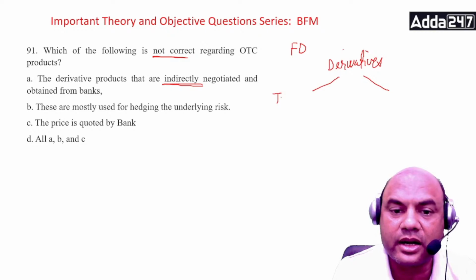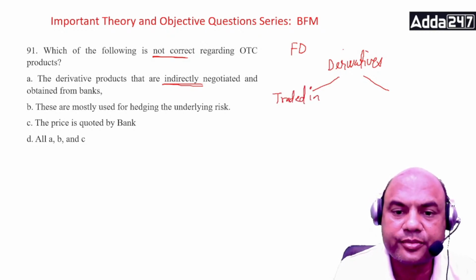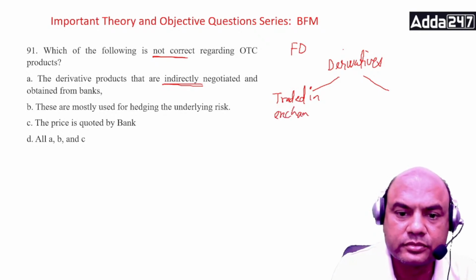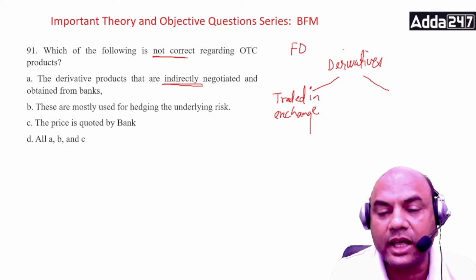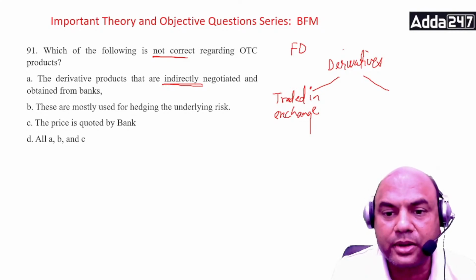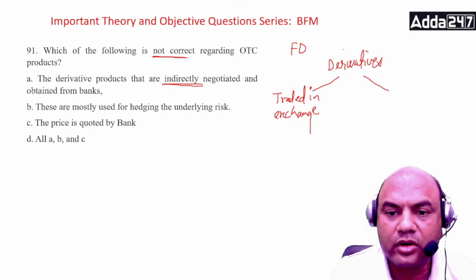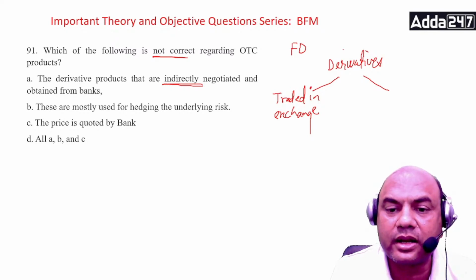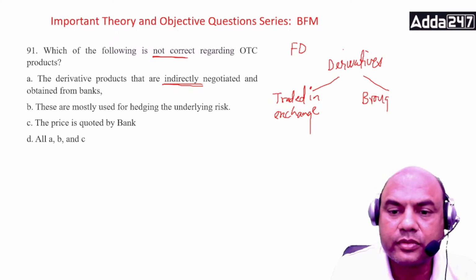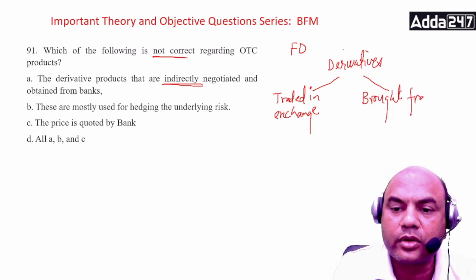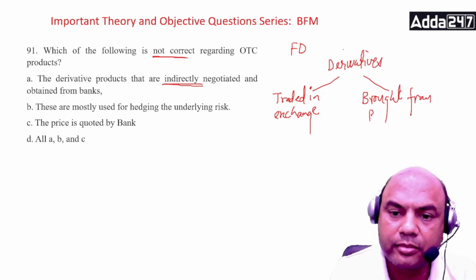And the second one is directly purchased from the bank, or with the bank. Brought from the bank means over the counter.